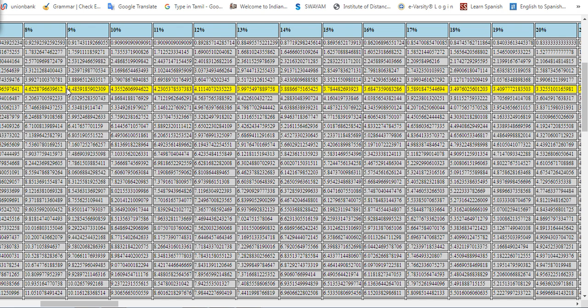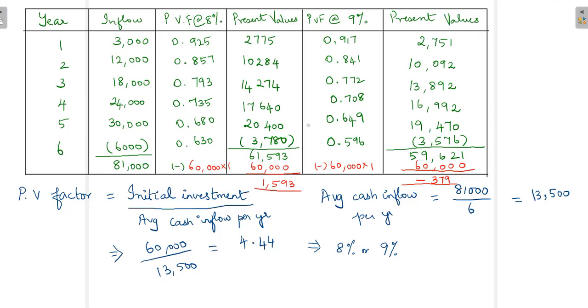We can take 8% and 9%, which are the closest values, and try to find the IRR rate. So as we decided on 8% and 9%, we'll note down the PV values from the first year to the 6th year. We multiply them with each year's inflow and find the present value for each year, and we find the total present value of cash inflow.